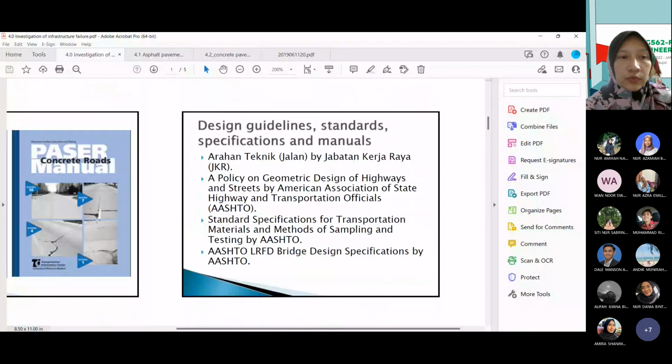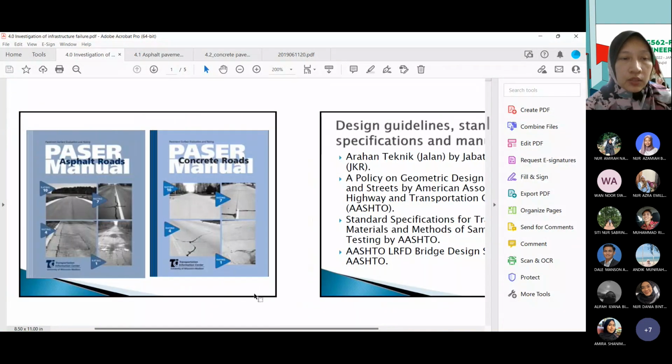And then for this course, we adopt these two manuals. The first one is the asphalt roads manual, and the second one is the concrete roads manual. So inside this manual, let me share with you.